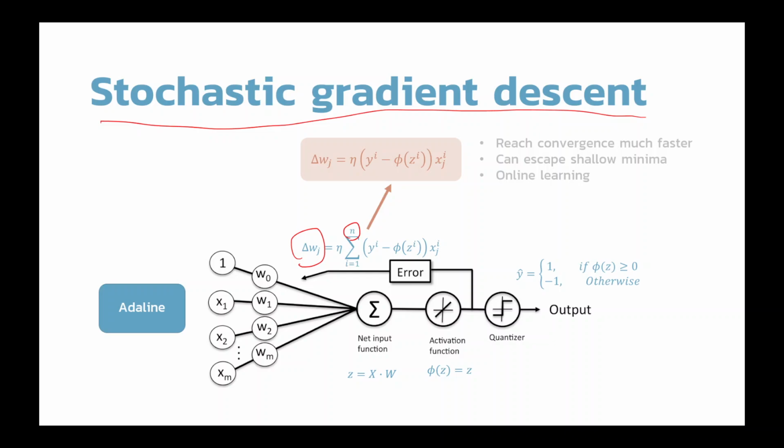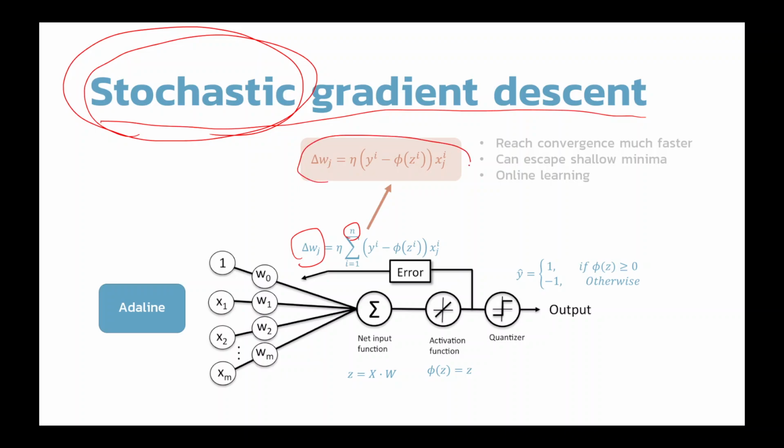We just do it once every flower. And stochastic is just a fancy name for doing random things. Stochastic means random, as opposed to deterministic. When you do stochastic, it means you do things in a more fuzzy, more random way.